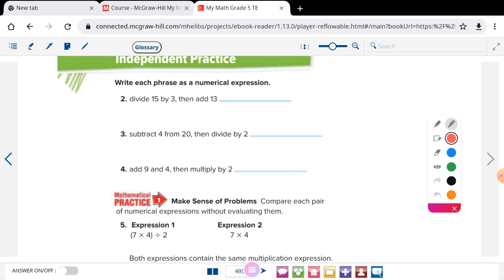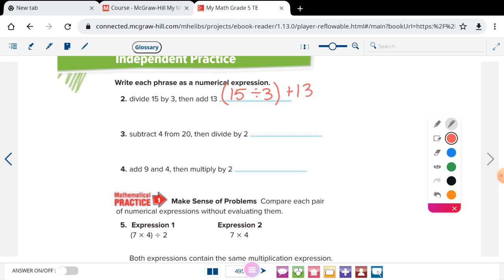Don't overthink it. What number would come first? 15. Then what? Divided by 3. If it says then add 13, Kendall, what else do I need to add on to that? Parentheses. And then what? Plus 13.